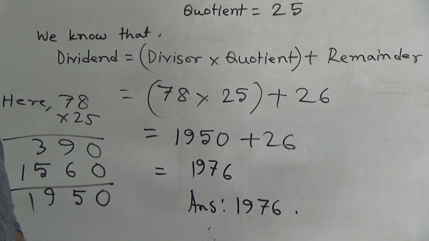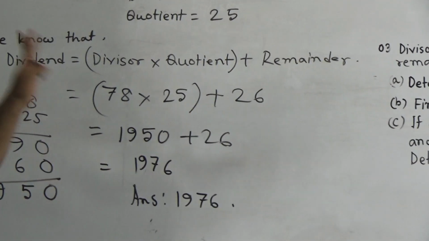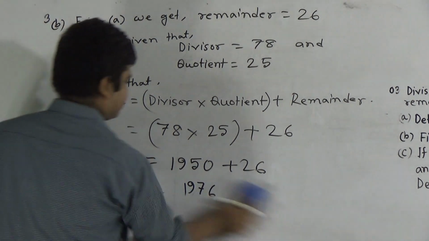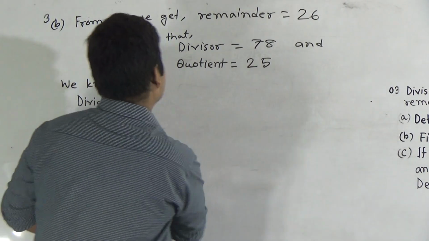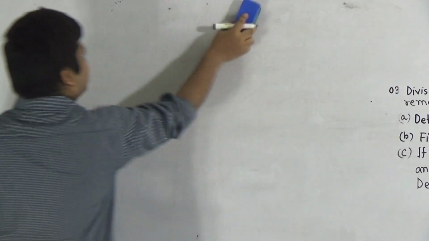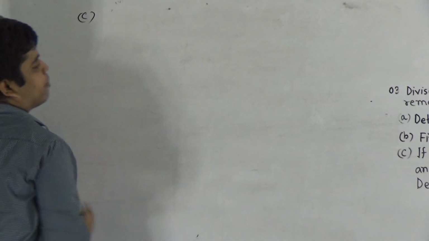Next we shall solve question number C, just like this one. Okay, so first I erase this. Question number C. My dear students, first of all we read the question.